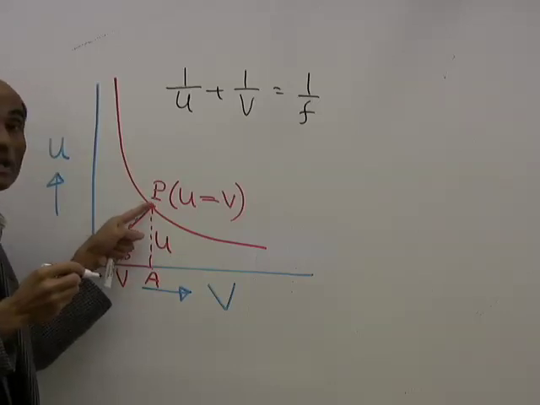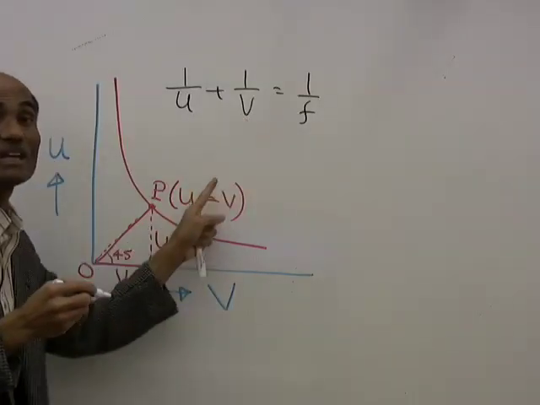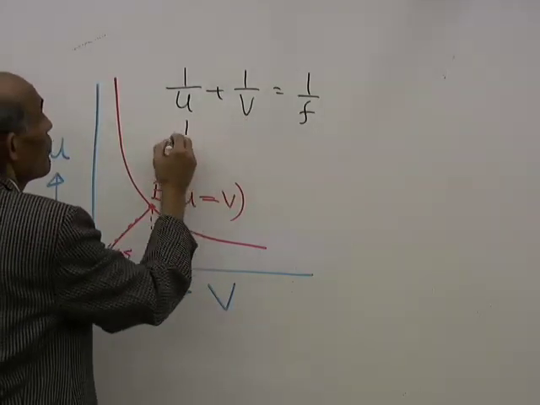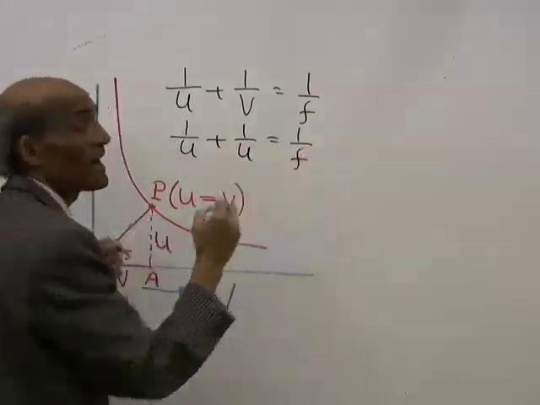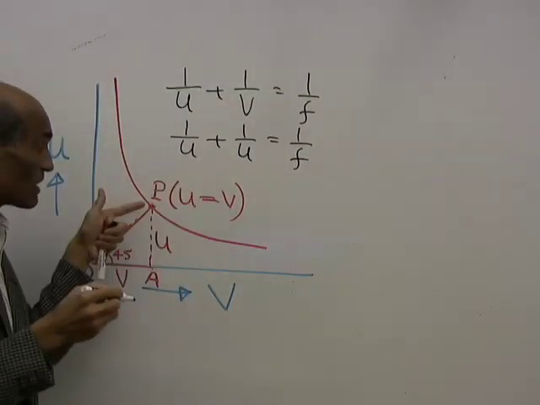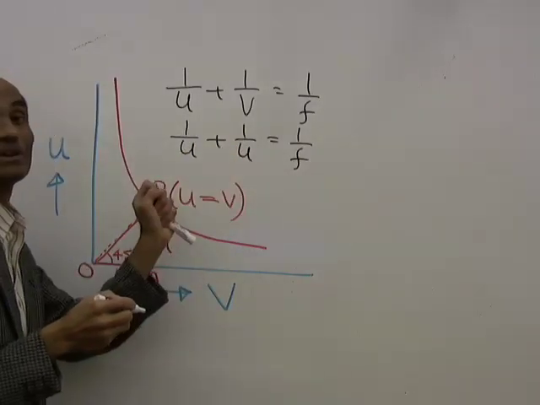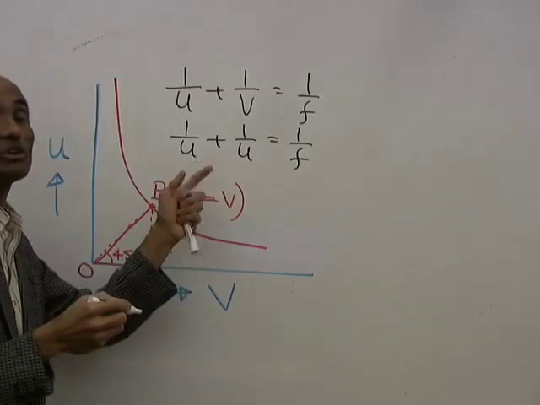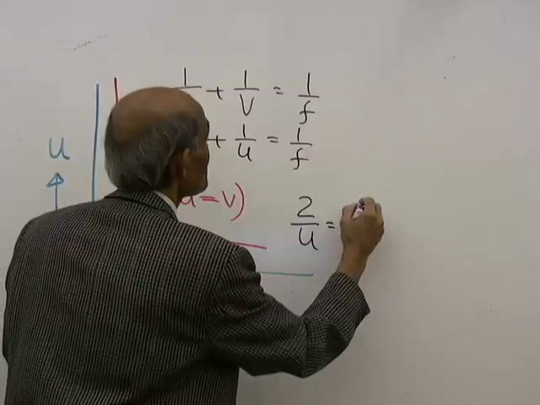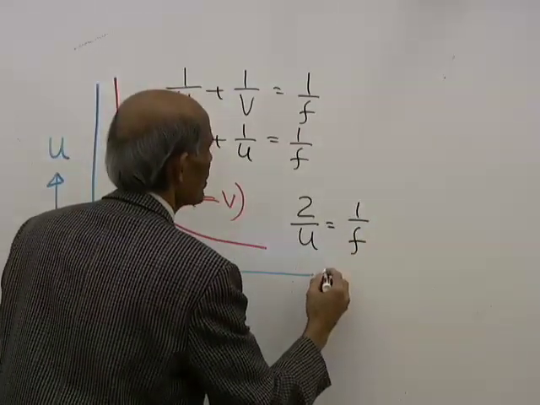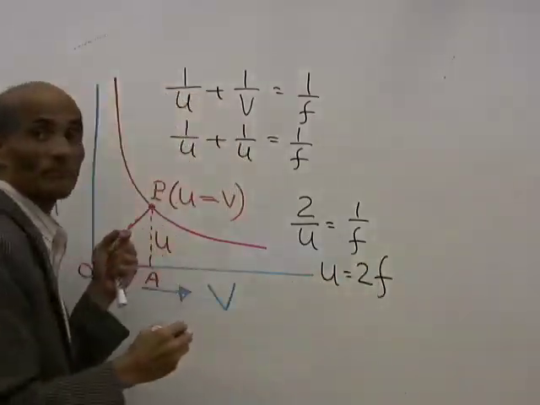At point P, U equals V. So, if I replace this V by U, I will get 1 over U plus 1 over U equal to 1 over F. Now, this is valid only at P. At P, I can replace V by U. Now, 1 over U plus 1 over U is 2 over U. Is that right? 2 over U equals 1 over F, which tells me that U equals 2F.